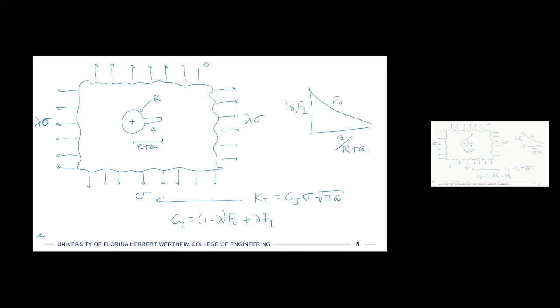There's one line for F0 and another one for F1, and they kind of come together like this. So then you would read those off and put that back into the C1. Okay. So that's what I wanted to talk about as far as how to read these kinds of charts. And now let's do an example problem where we're going to be using this so you can get a better intuition of some of the numbers that are involved.